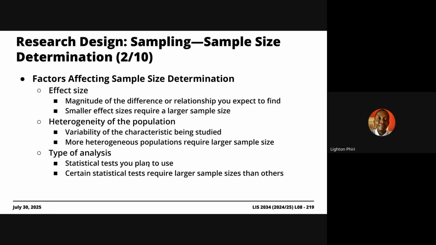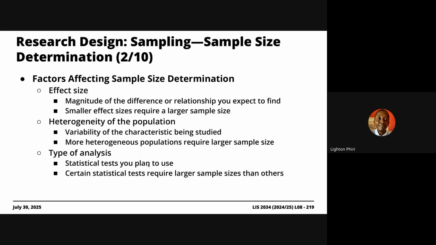Heterogeneity of the population, so the variability of the characteristics being studied. If it's UNZA, are all the programs represented? Are all the genders represented? So if you have a more diverse population, you're going to need a much larger sample size.